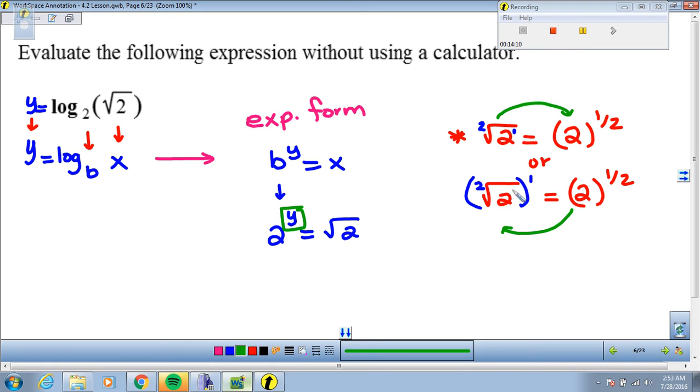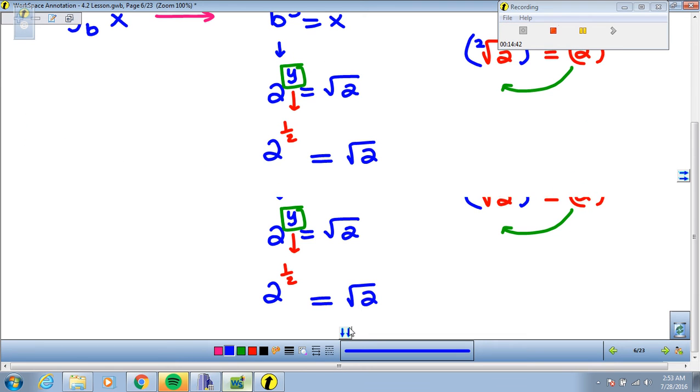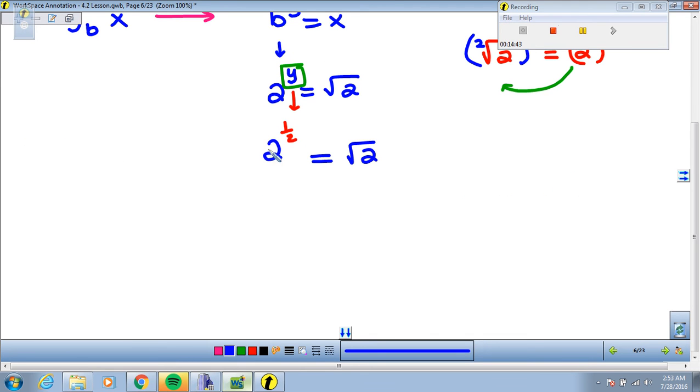So due to this fact, how can I make 2 to the y equal to the square root of 2? Well, this y probably has to be 1/2. Because I know that 2 to the 1/2 is the same as the square root of 2. Okay, so this is the same as this. Why? Because you know that we can rewrite this in this form.